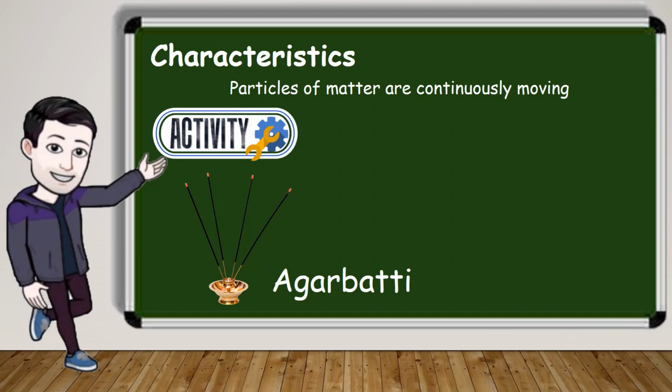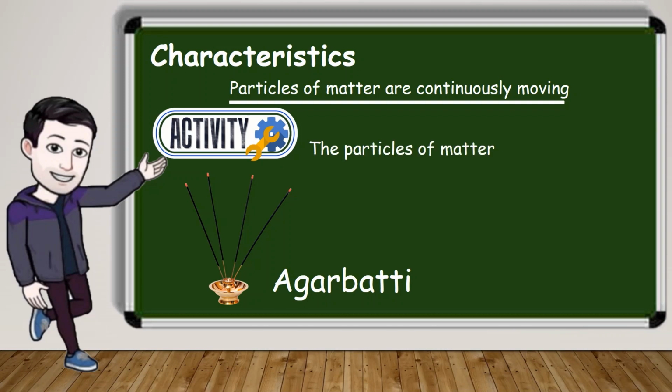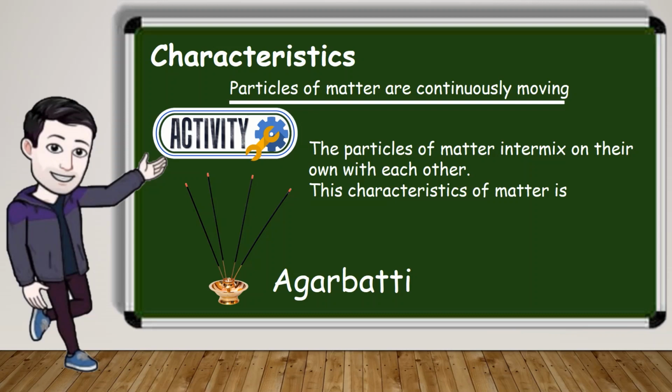And when you light the incense stick, its smell spreads all over the room. From this we understood that particles of matter move continuously, and on increasing temperature particles move faster. In the above activity, you observed that particles of matter intermix on their own with each other. This characteristic of matter is called diffusion.